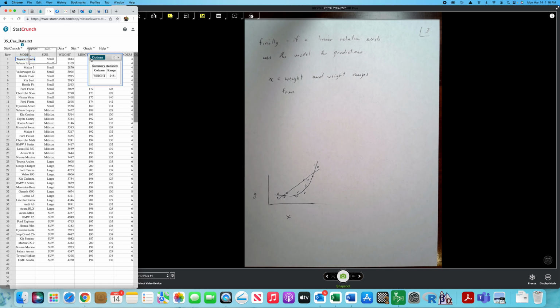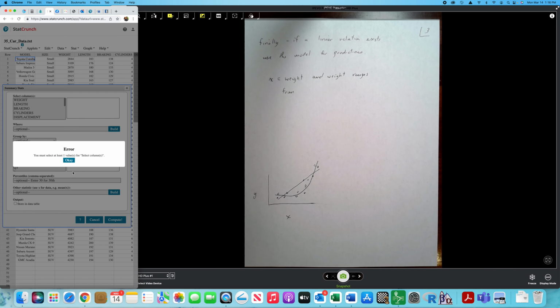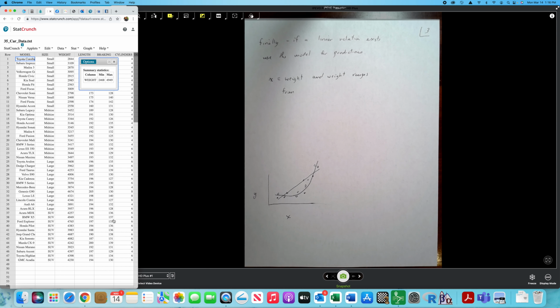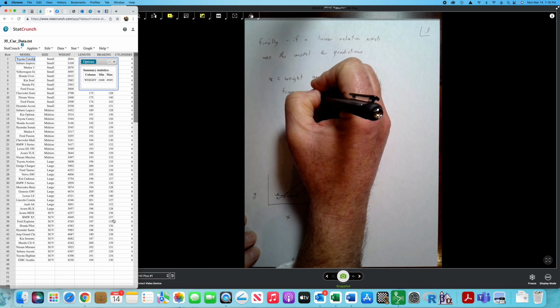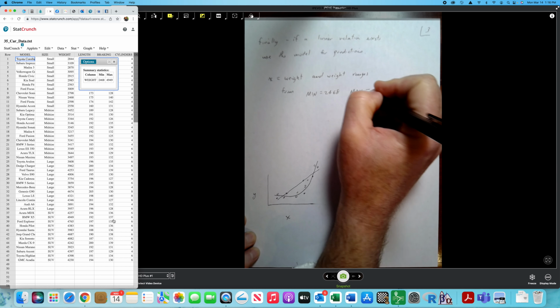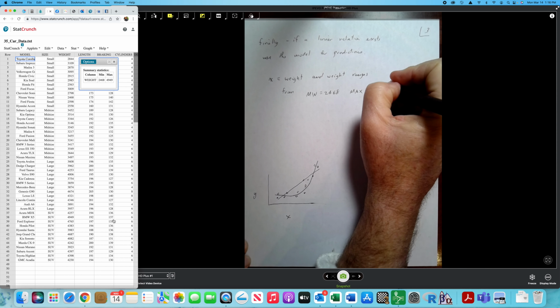Well, that just gives us a range, doesn't it? So we're going to have to work a little harder for that. So let's go to columns and let's just go to the min value and let's grab the max value. All right, so the min is 2468. Max is 4949.